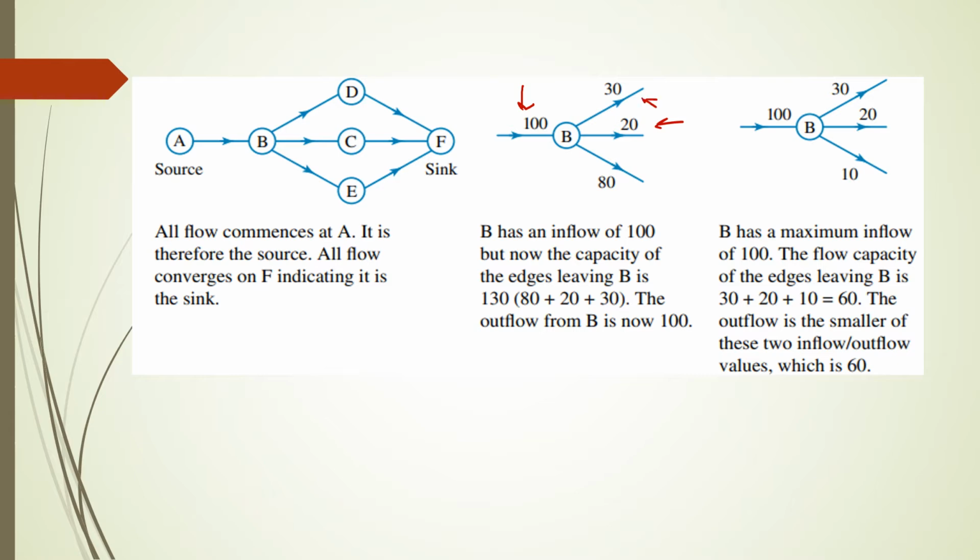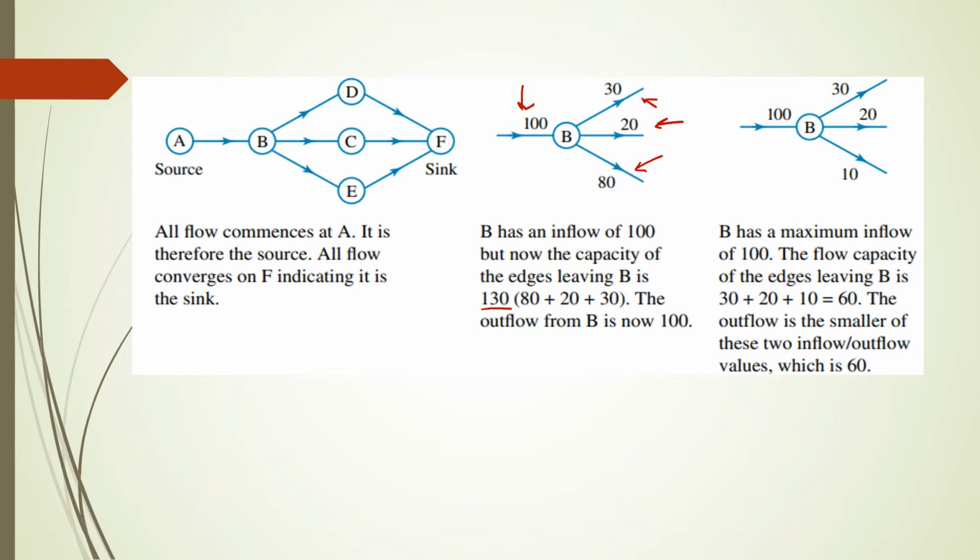Now, a common misconception is to say that the outflow is the sum of those three edges, so 30, 20 plus 80, which is equal to 130, seen in the description here. However, you need to think about it in terms of how much flow is coming into it. If 100 is coming into it, it's physically impossible for the outflow to be greater than the inflow.